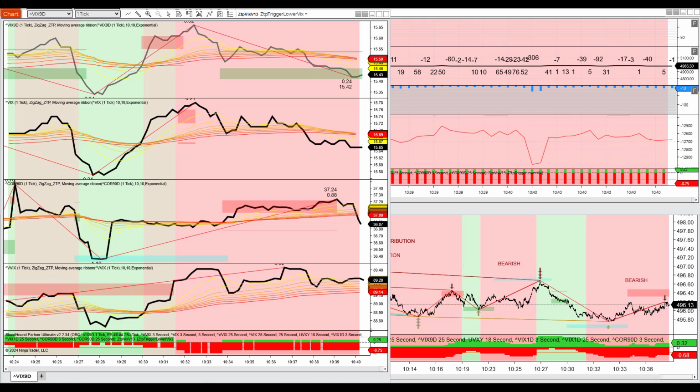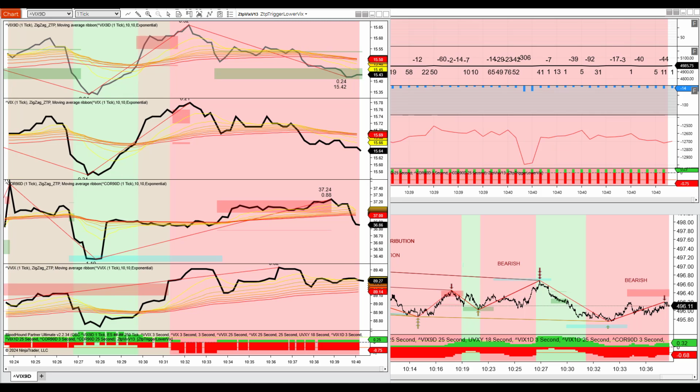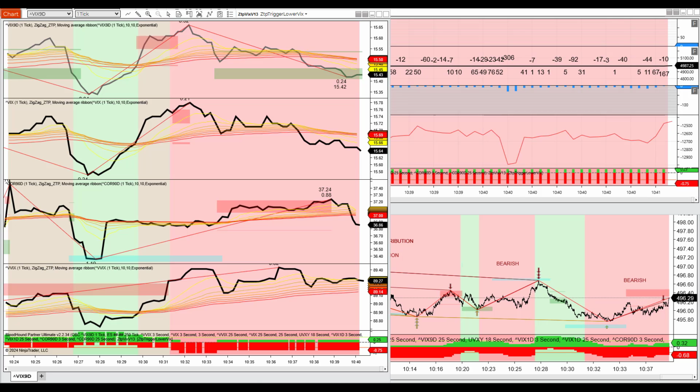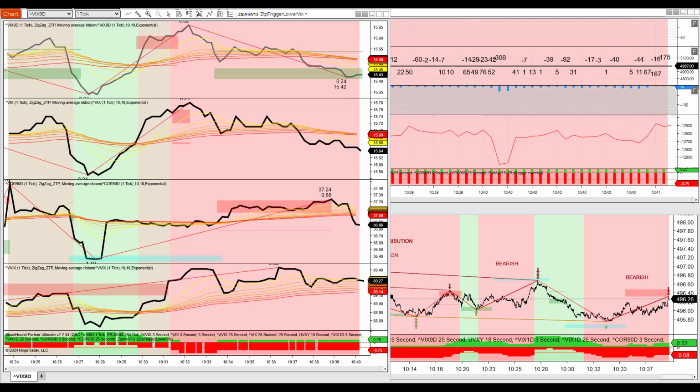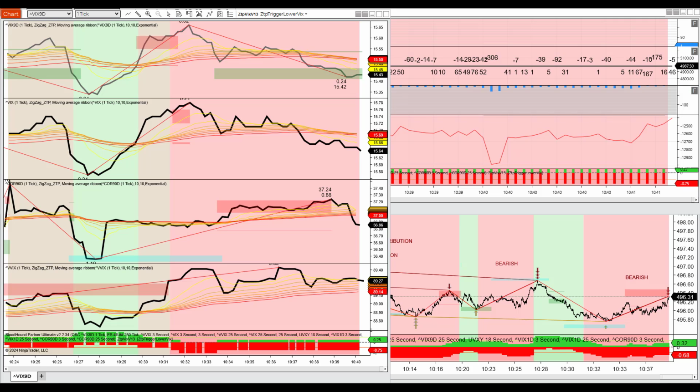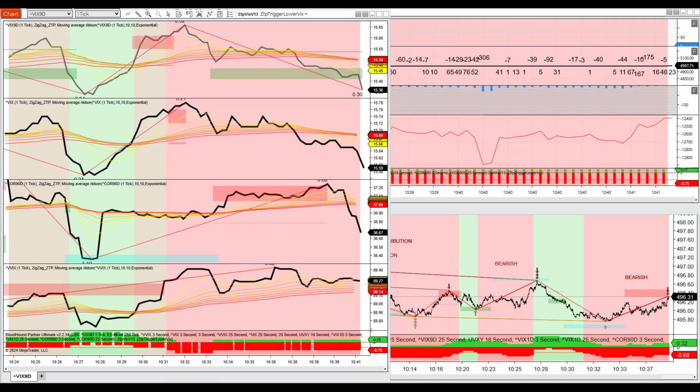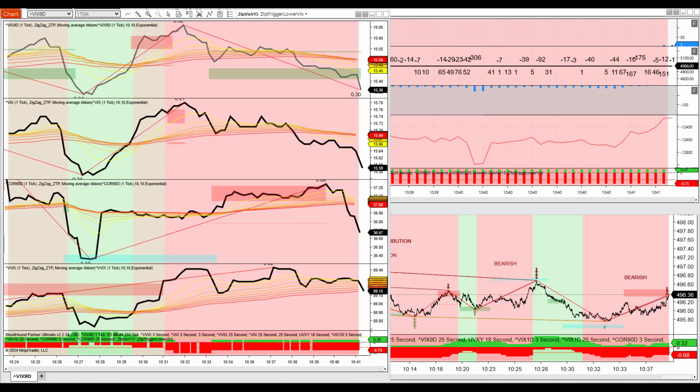The next trade I'm going to illustrate here is going to be a losing trade, and why following the VIX is just so important. You can see we're approaching a regular trend trade right here. And all of the VIXs are trading below their moving average ribbons.